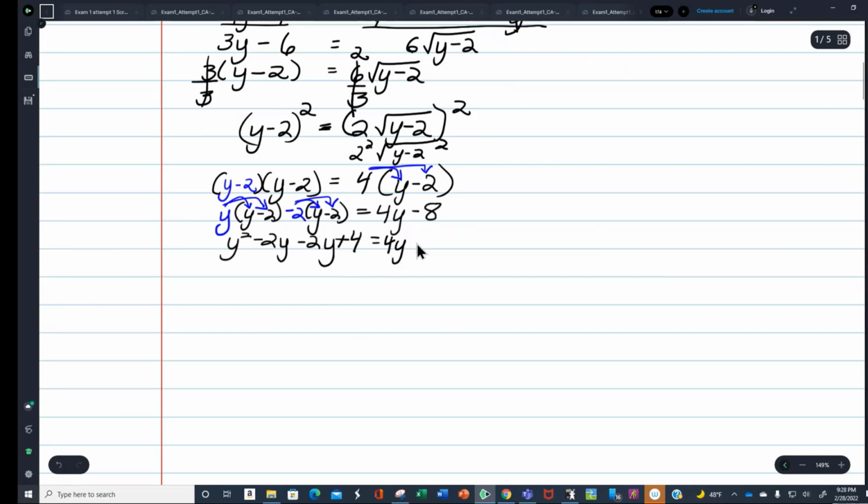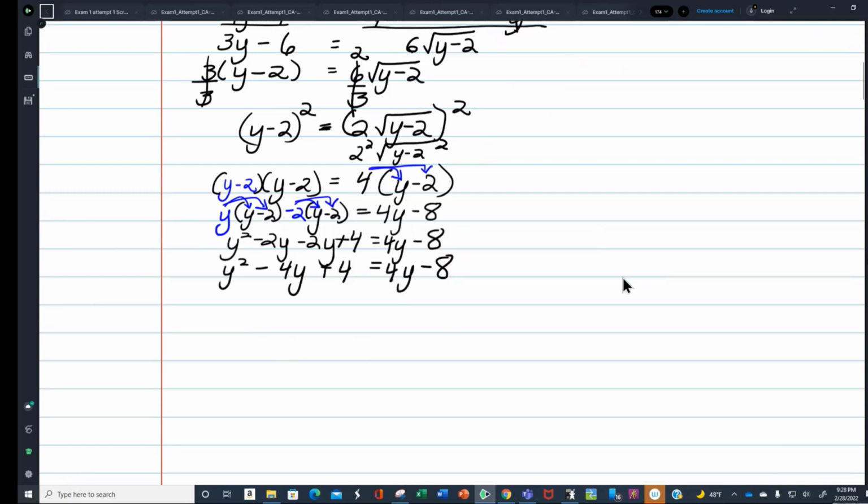4y minus 8. There we go. Let's try to get this together. Y squared minus 4y plus 4 equals 4y minus 8.